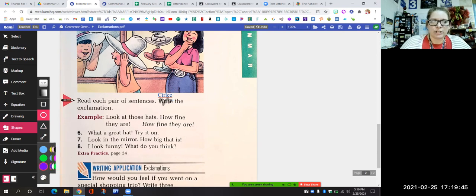All right, so look at those hats. How fine they are. Well, which one of those is the exclamation? This one that says how fine they are. Yes, that's the one that shows feelings and emotion. So you're going to do 6, 7, and 8. Each one has 2 sentences. Decide which one is the exclamation and circle it.